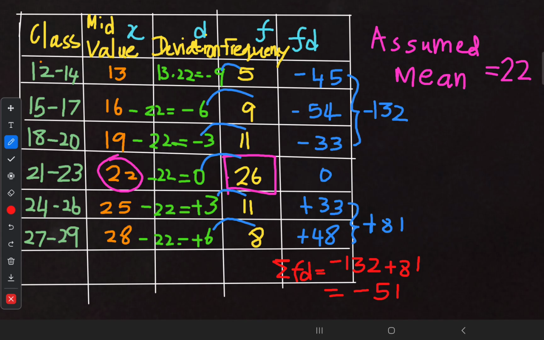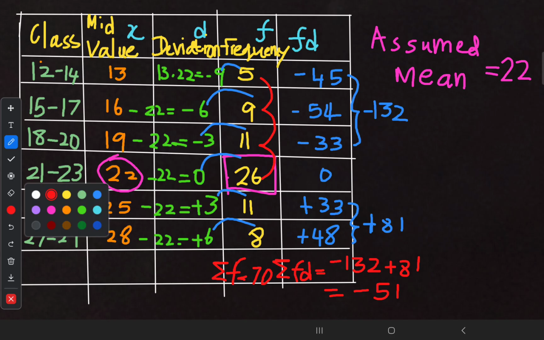Similarly, we need to find our sigma F column also, the summation of frequencies. When we add all the values, that will give you 70. How is it? 9 plus 5, 14, plus 11, 25, plus 26, 51. 51 plus 19, that is 70.